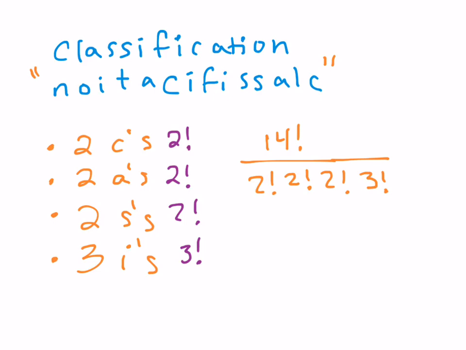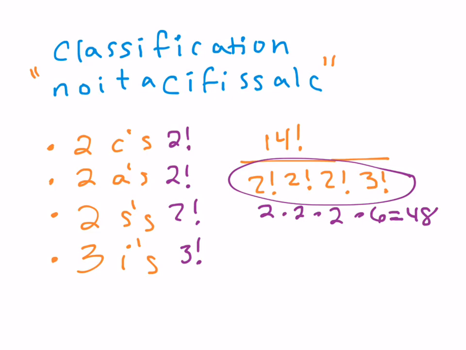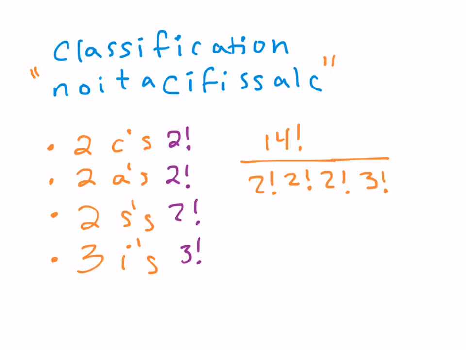So to do this, you have 2 options. You could either work out the entire denominator first, so this is going to be 2 times 2 times 2 times 6, which is 48. So in a calculator, you could enter 14 factorial divided by 48. And your other option is to just type this in all at once, and you would need parentheses around the denominator.